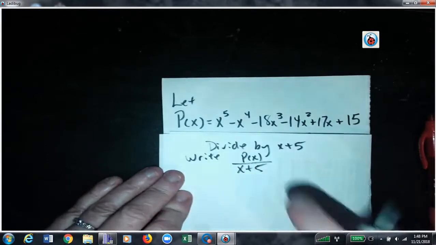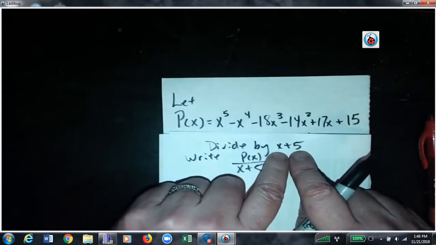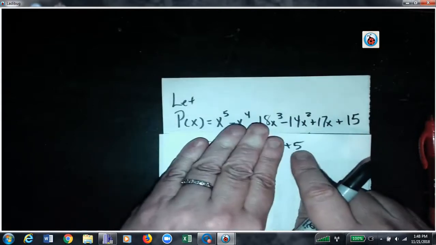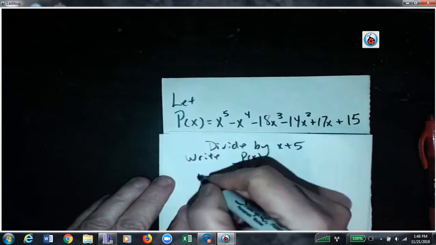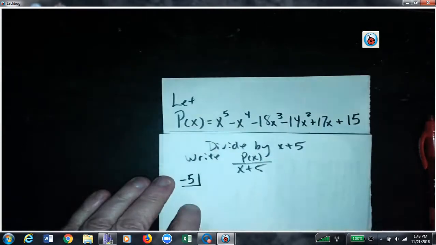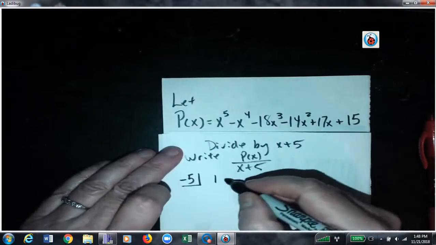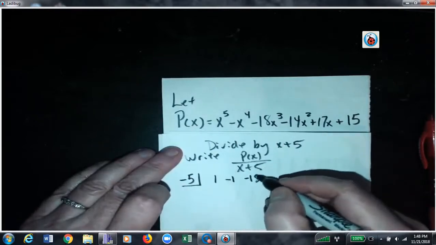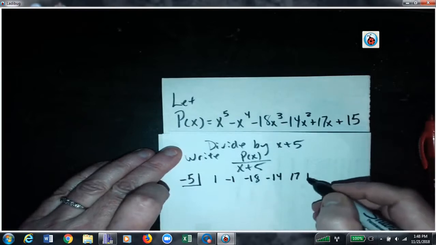Okay. Now this is different from the last one. So if I'm going to divide p of x by x plus 5, then what I do is I set it up with synthetic division, but I take the opposite sign, and that's what goes in the box. And then I put these the same, making sure every power of x is represented.